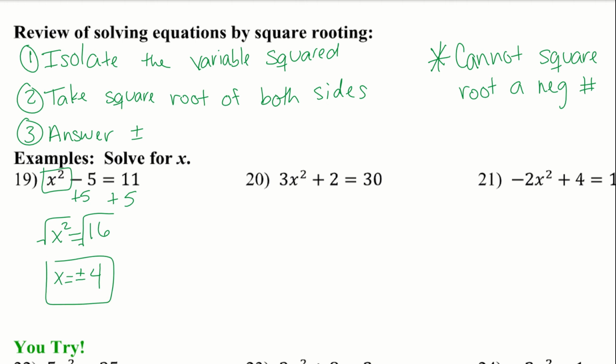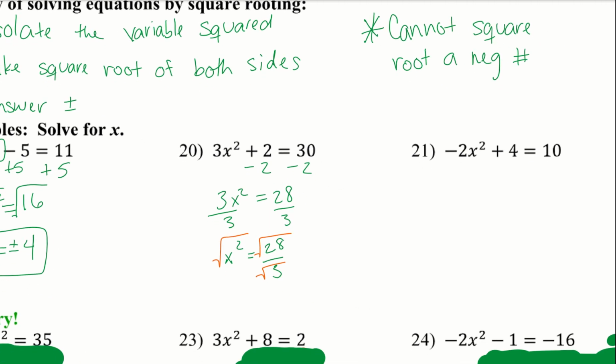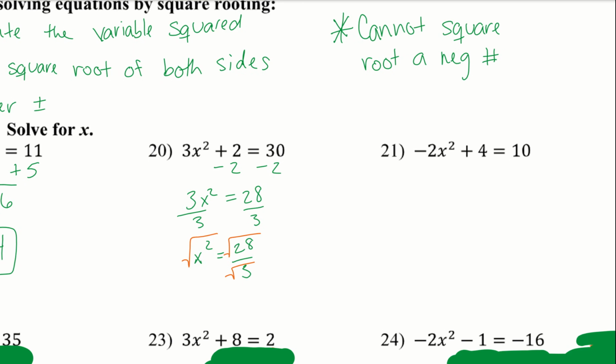All right, let's take a look at number 20. So I'm going to go ahead and subtract 2 from both sides, and then I have 3x squared equals 28, divided by 3. I cannot reduce this fraction, so I'm just going to leave it as the fraction. When I take the square root, though, I can take the square root of each individual number so that I can simplify my fraction as much as I can once I have those radicals in there.